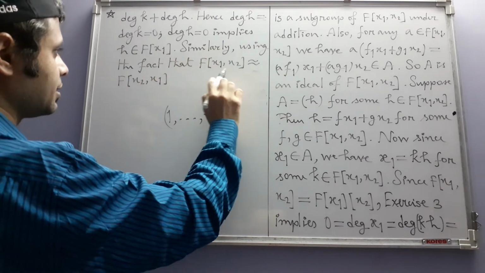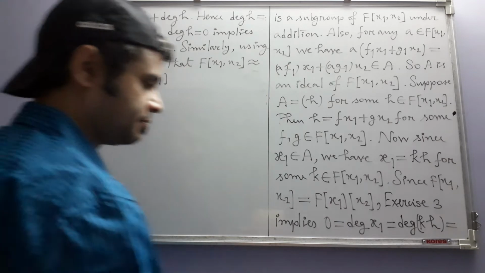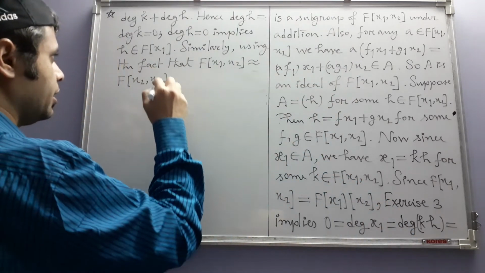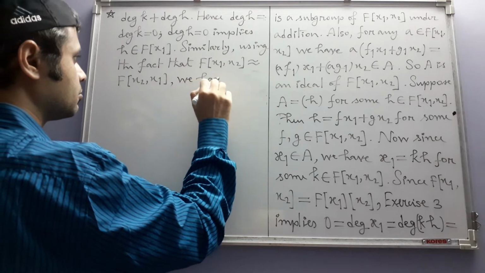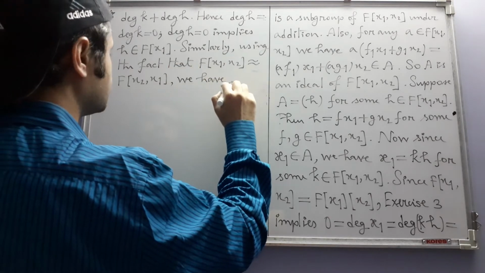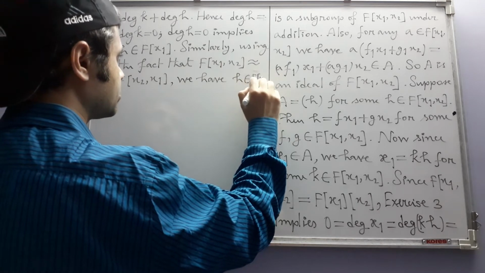Similarly, using the fact that these two rings are isomorphic, we have h belonging to f[x2].